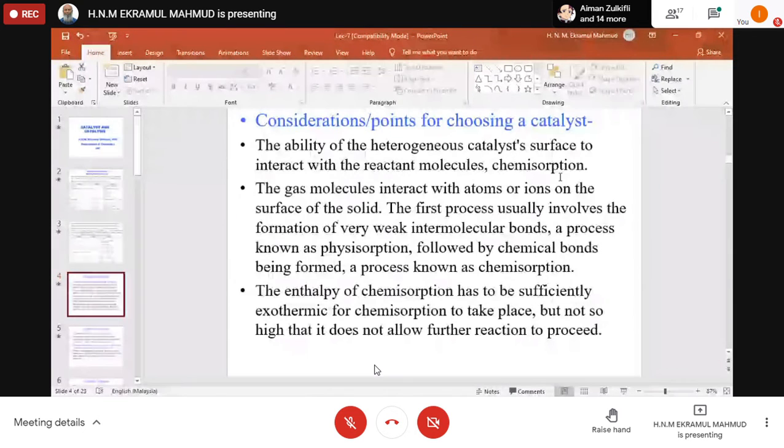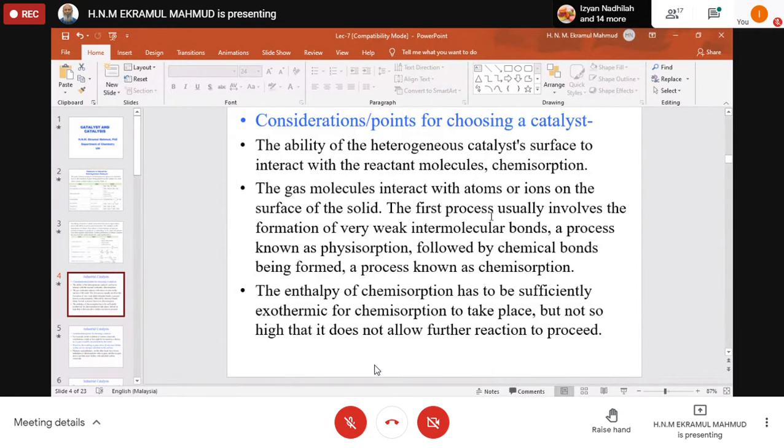So the gas molecules interact with atoms or ions on the surface of the solid. True, we have heterogeneous phases: gas is coming on the top of the solid.